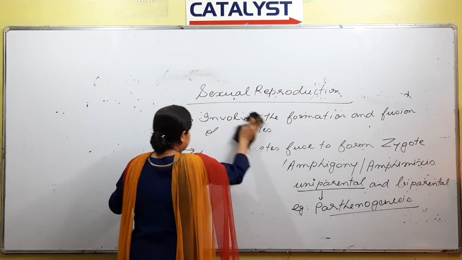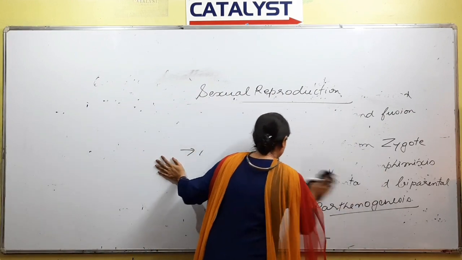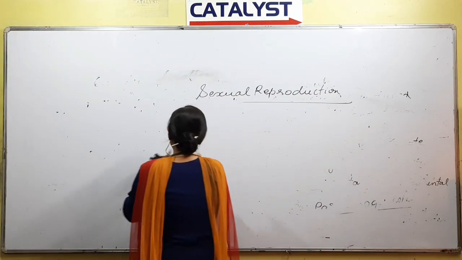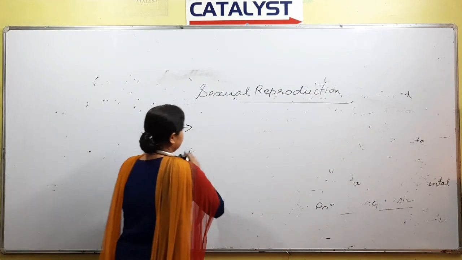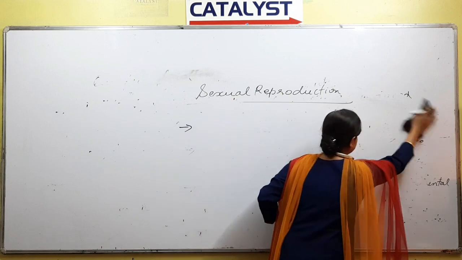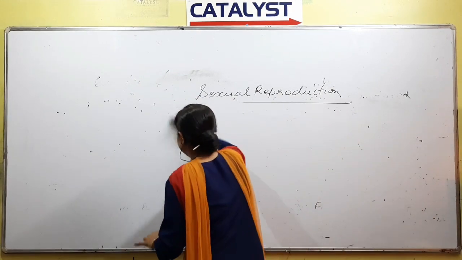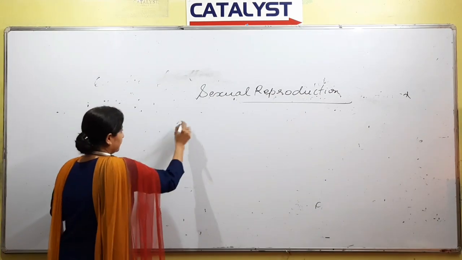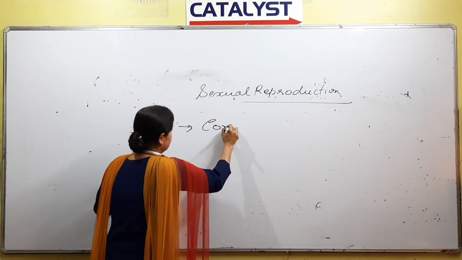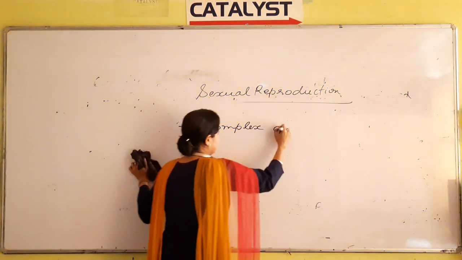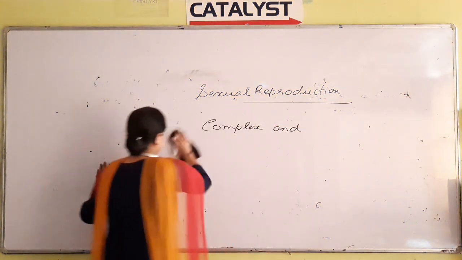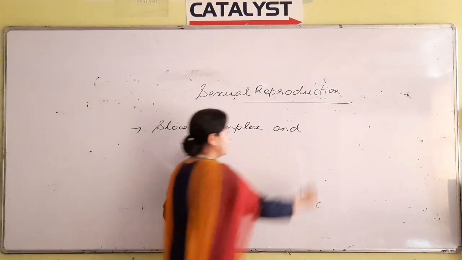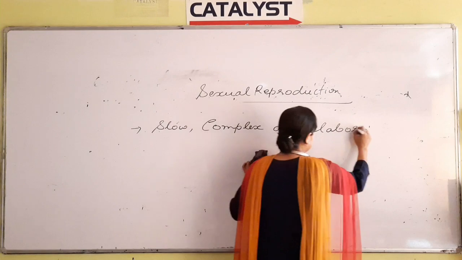The next point: when we are talking about sexual reproduction, a statement we need to remember is that it is a slow, complex and elaborate process.